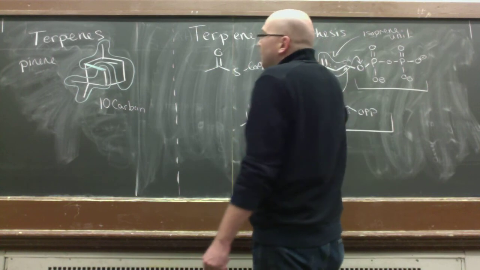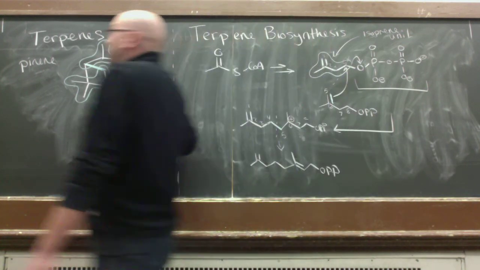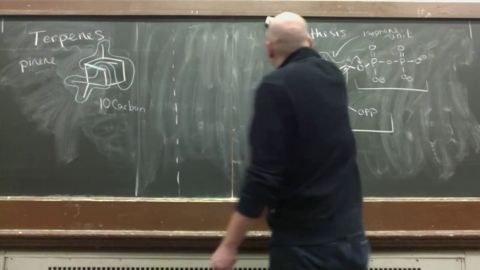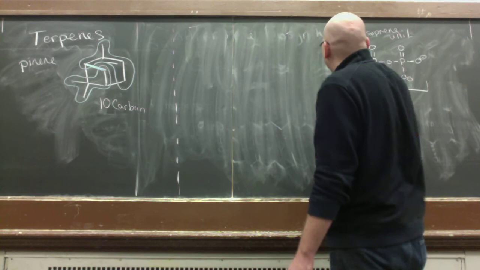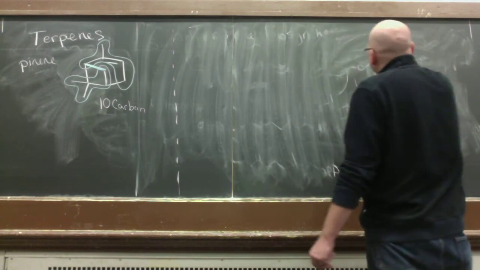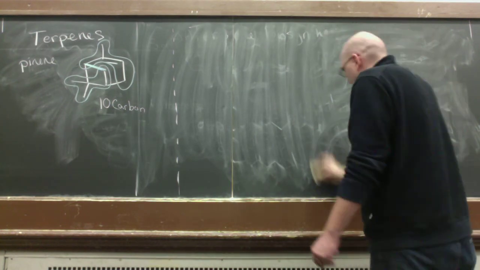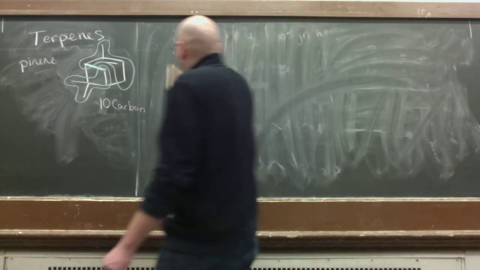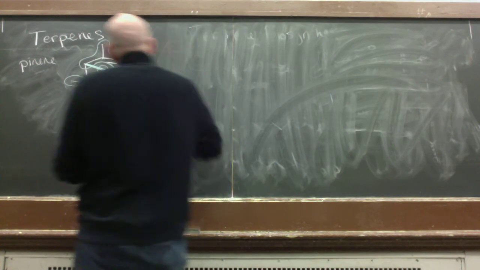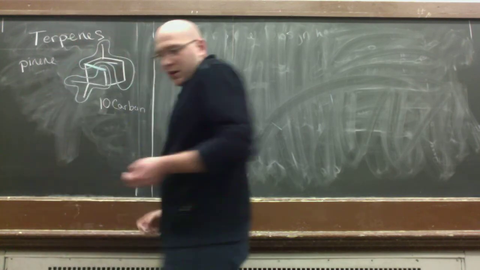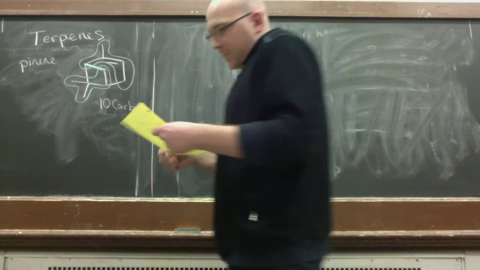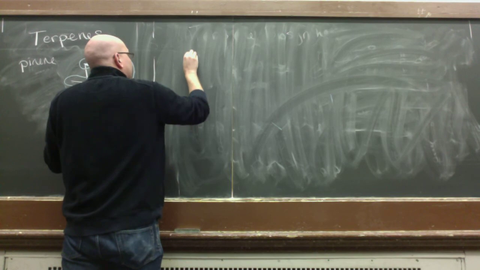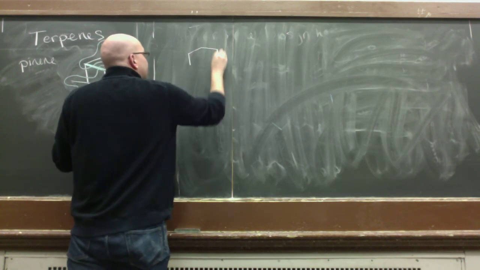Okay. So the final molecule in a class of terpenes, in a way, are steroids, which are obviously also very important biological molecules. I'll show you an example of a steroid.